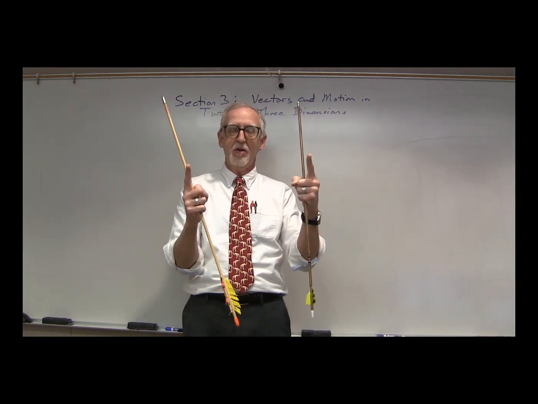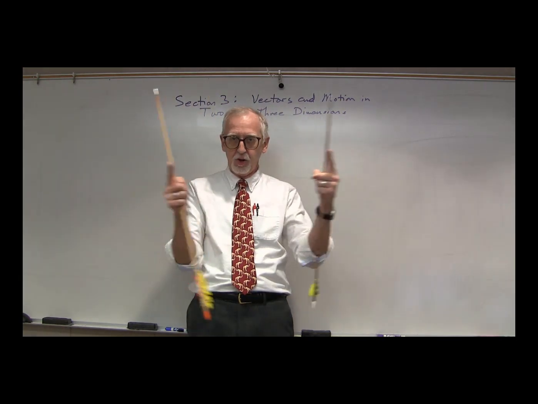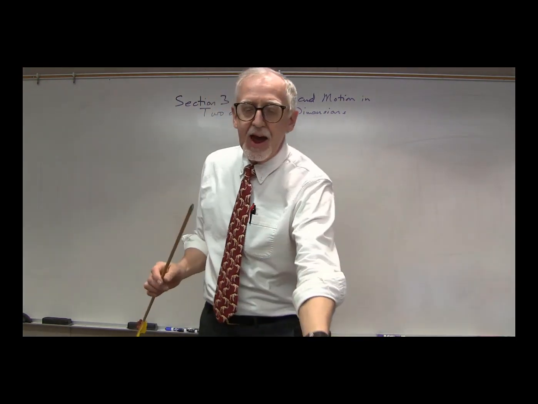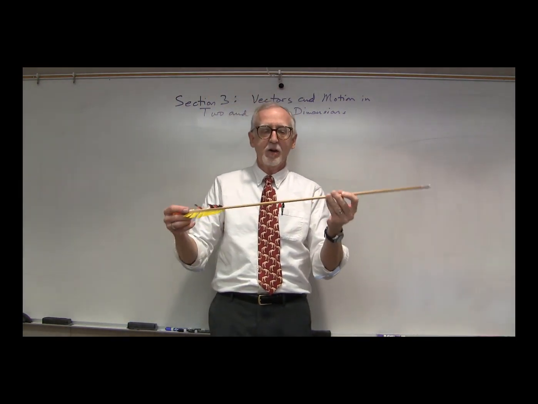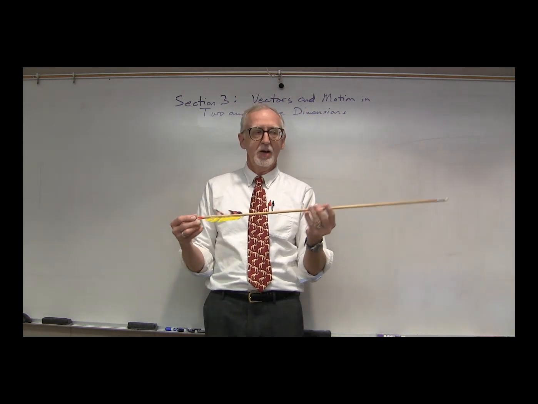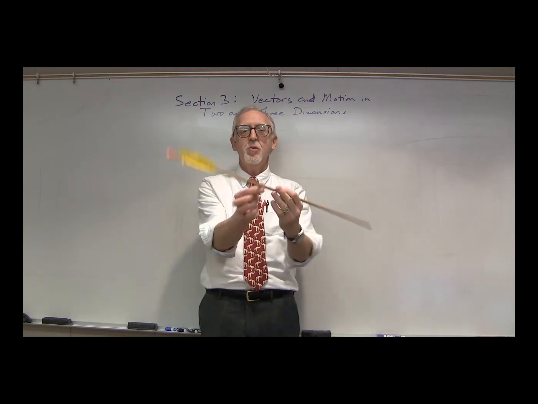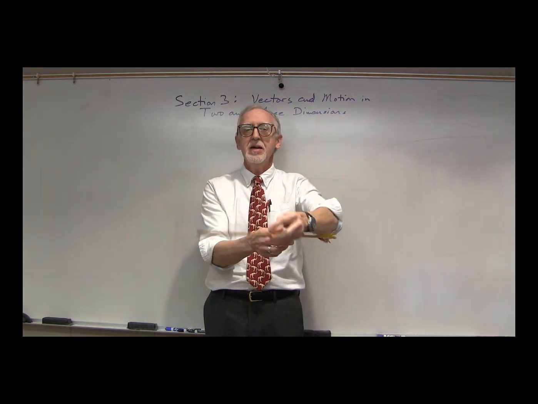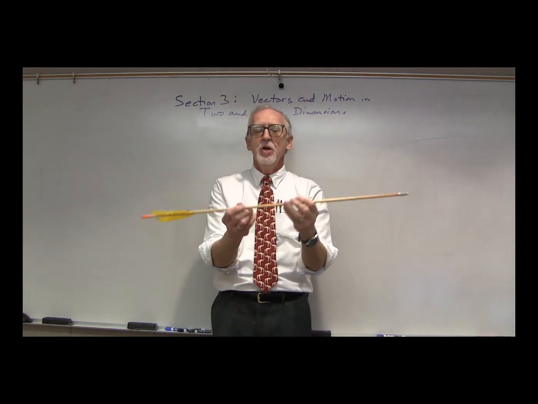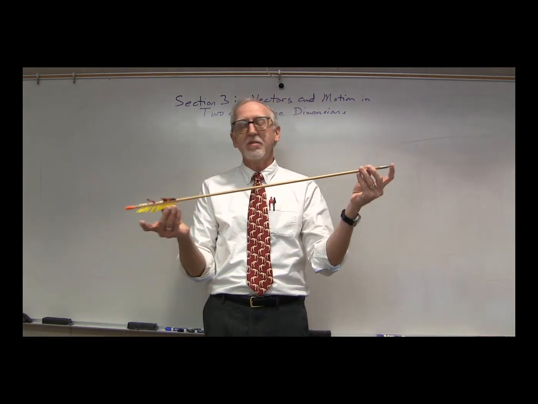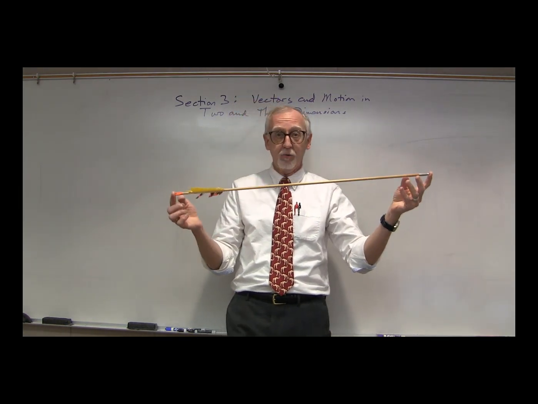You can imagine even a very short arrow, or arrows as short as you want. And then arrows can point in different directions. I could point this arrow to the right, to the left, up, towards you, any direction I want, any direction in 3 dimensions. My arrow can point. So we'll think of vectors as physically like an arrow.